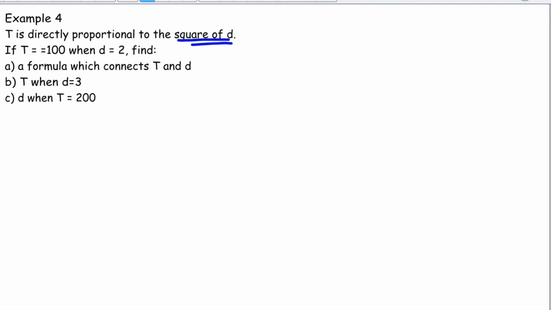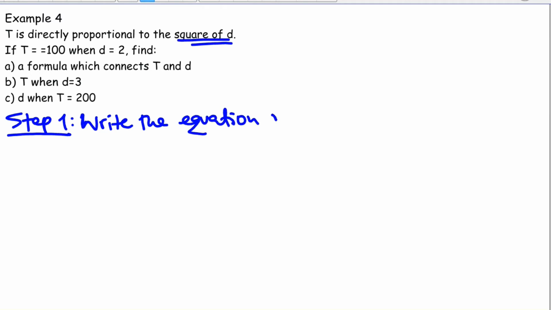So step 1, we're going to write the equation relating t and d.